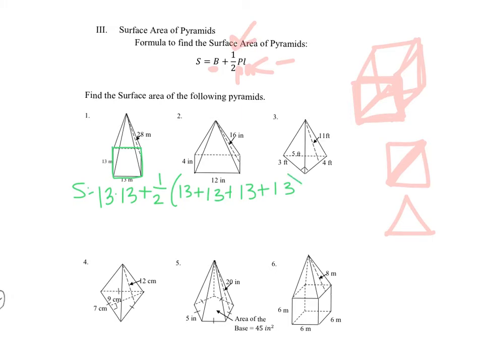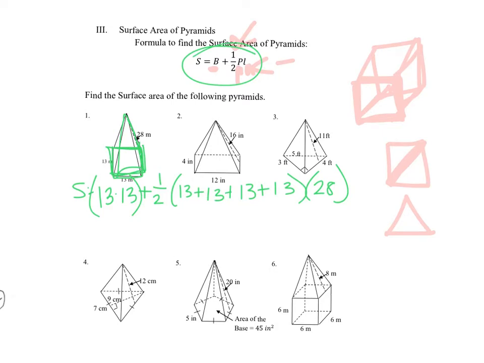We're going to go all the way around that base. And then times your slant height. So times that slanted height right here, which is 28. So same exact process that we took when we were finding the surface area of a prism. We're just adjusting that formula to account for the triangular sides and only one base.